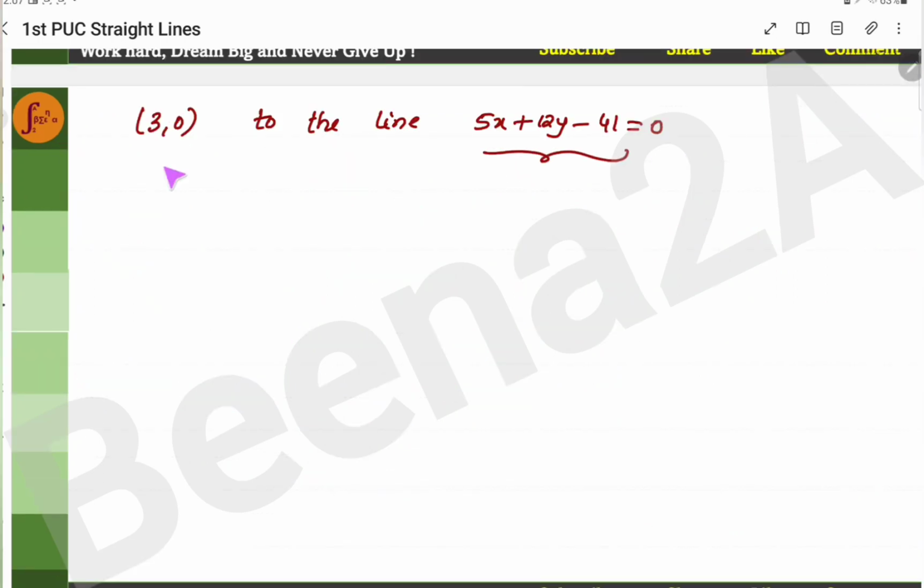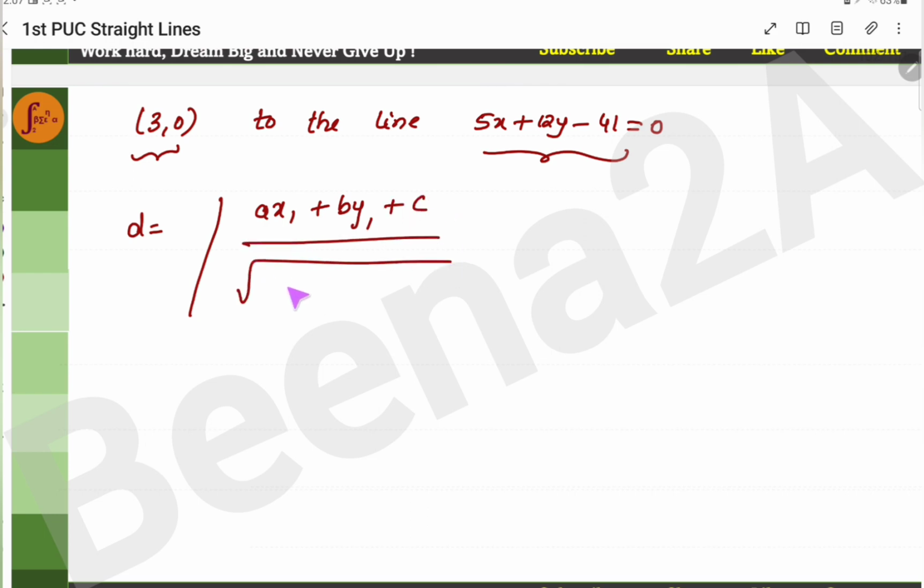Now let's take another example. Point is given, line is given. So what is the formula? Modulus of ax1 plus by1 plus c divided by root of a square plus b square. Now what is x1, y1? 3, 0.